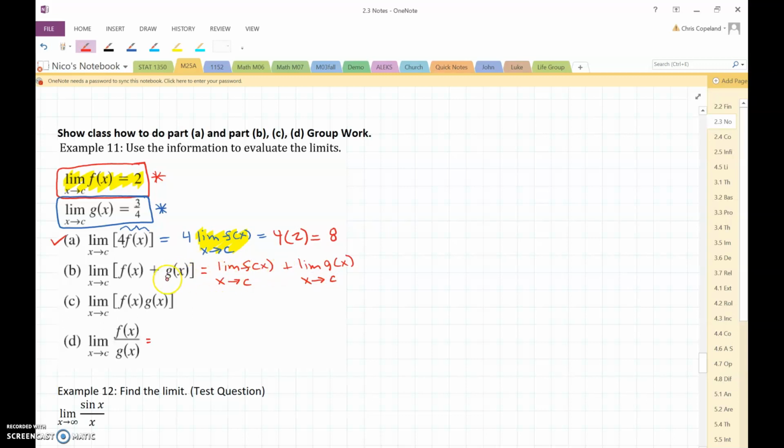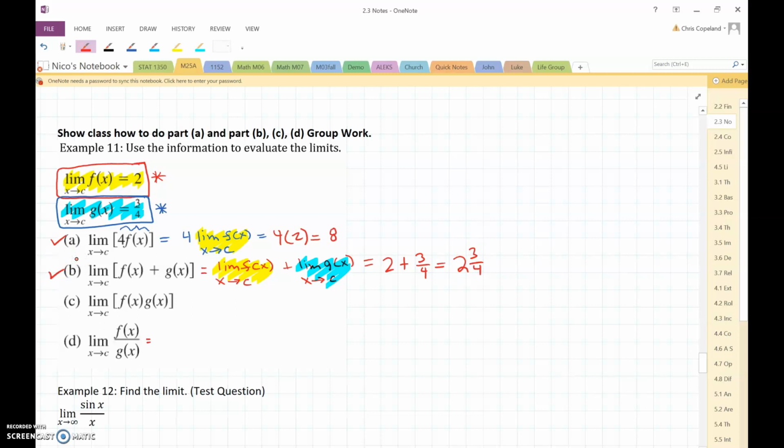You definitely can break limits apart this way. And then we know that this is equal to 2, and this limit here is equal to 3/4. So 2 plus 3/4 is 2 3/4. Okay, there's part B.